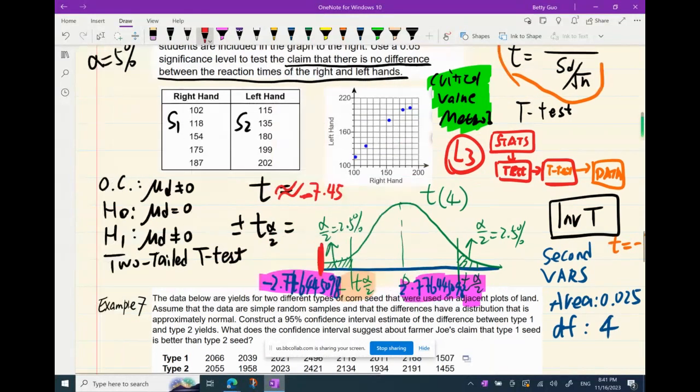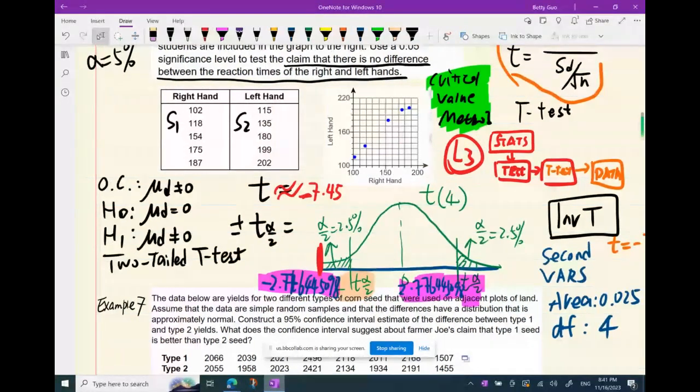When the test statistic falls in the critical region, we reject the null. Then we would say we have sufficient evidence to support that there... Oh my gosh, hold on.